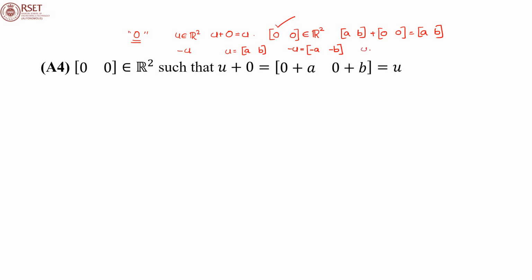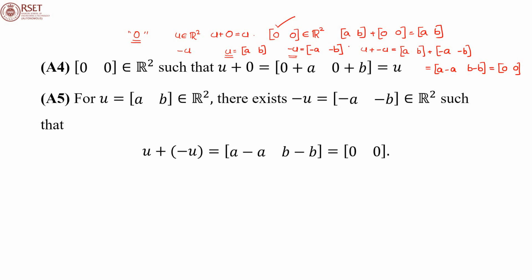Minus u must satisfy u plus minus u is equal to 0. Here, (a, b) plus (minus a, minus b) is equal to (a minus a, b minus b), which is equal to (0, 0). So for any vector u in R2, there exists a minus u in R2 such that u plus minus u is equal to (0, 0). So all the 5 properties of vector addition are satisfied here.